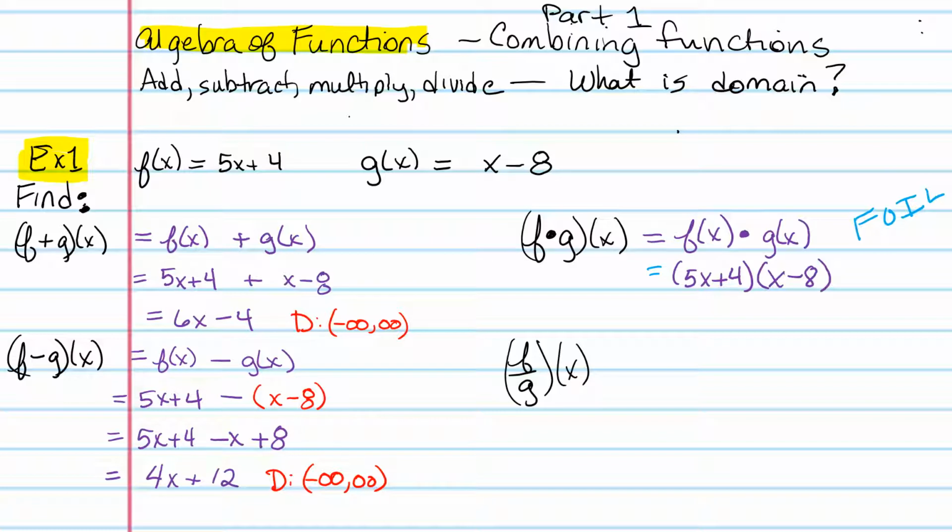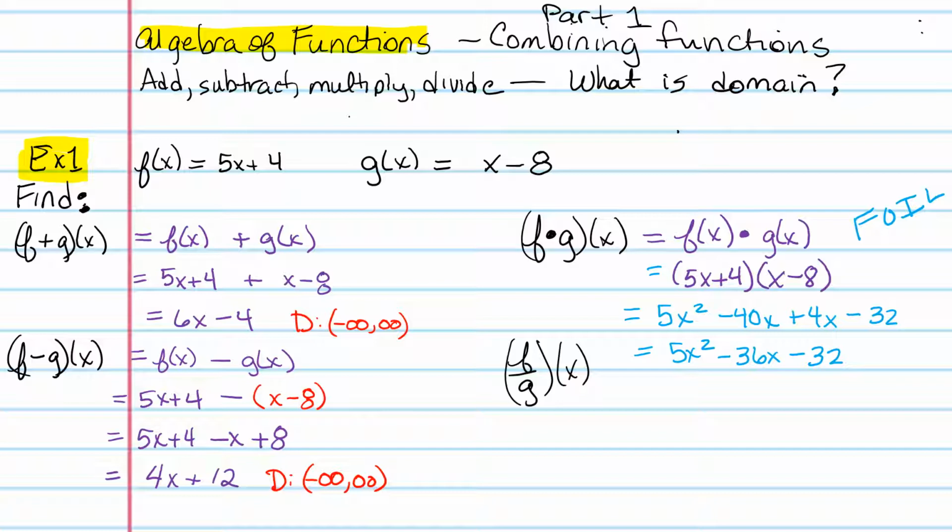And so I'm going to have 5x to the second minus 40x plus 4x minus 32. And so I'm going to combine my like terms, and I'm getting 5x to the second minus 36x minus 32.